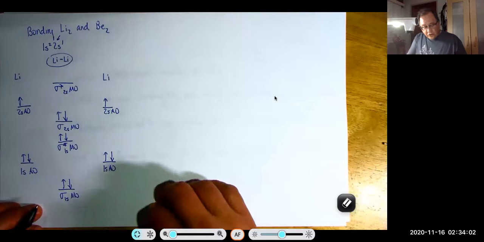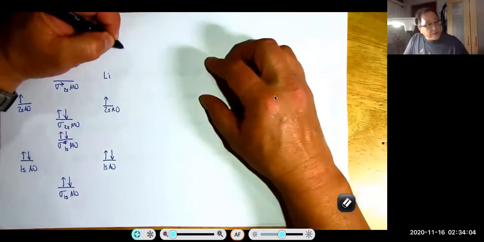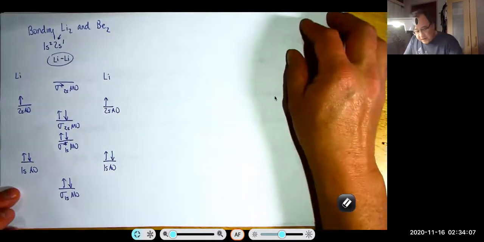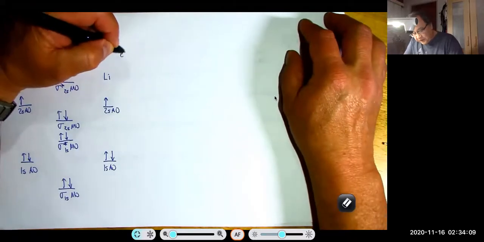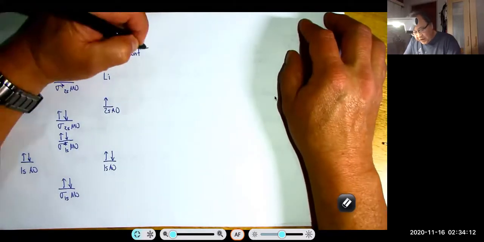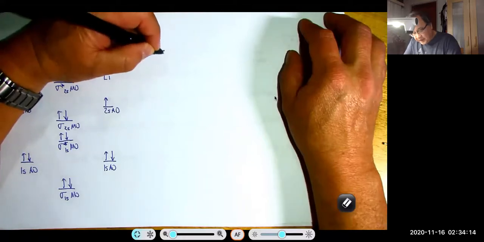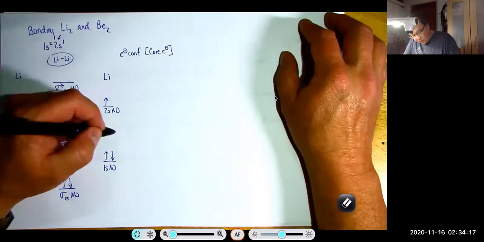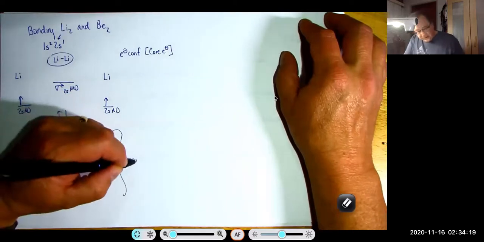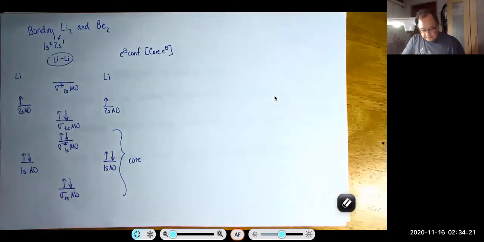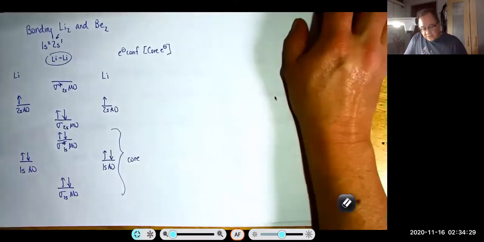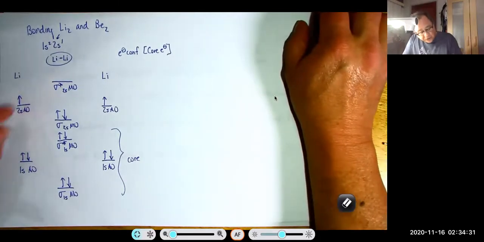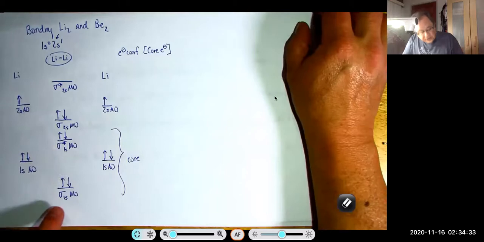So let's look at the electron configuration. Now, the electron configuration can be written as follows. We can say core electrons because these guys are core electrons. Just like with electron configurations that we looked at earlier in the previous section, the valence electrons are the ones on the outside, so these are twos, and these are on the inside, which are ones, so twos are on the outside.